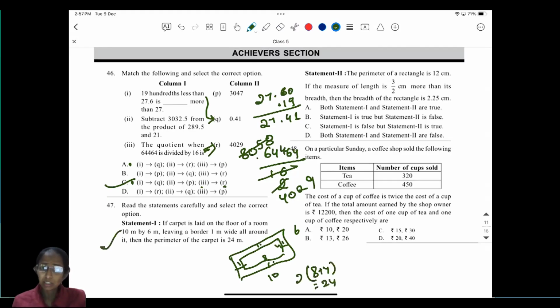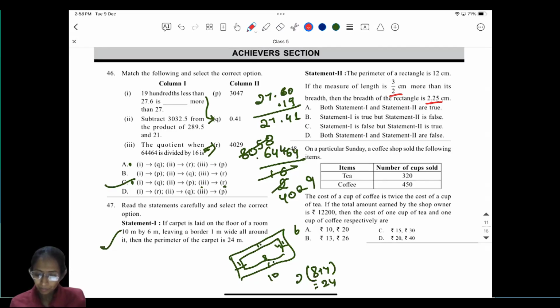Now statement 2 is saying that the perimeter of rectangle is 12. And if measure of length is 3 by 2 centimeters more than its breadth, then the breadth of the rectangle is 2.25. So if I take the breadth is 2.25 and taking the length 3 by 2 centimeters more than breadth, that means 1.5 will be added to this.